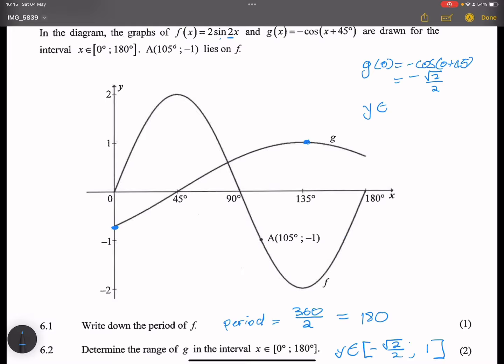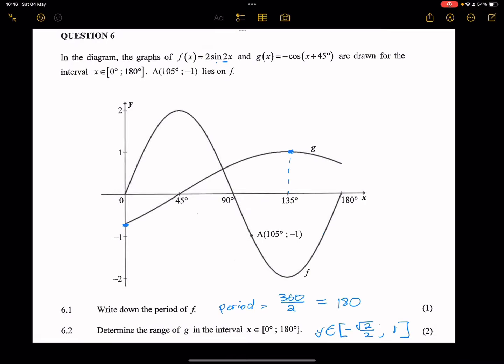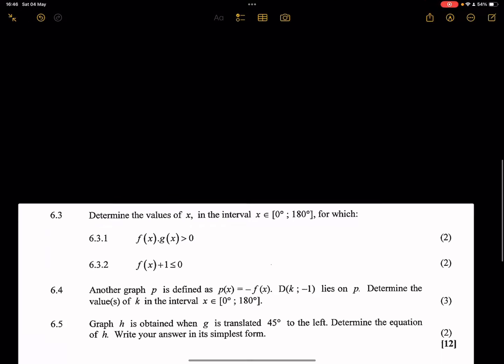You can substitute there if you want to verify that it is 1. So you can substitute 135 into that equation and you'll see that it does definitely give you 1. All right, so that is our range.